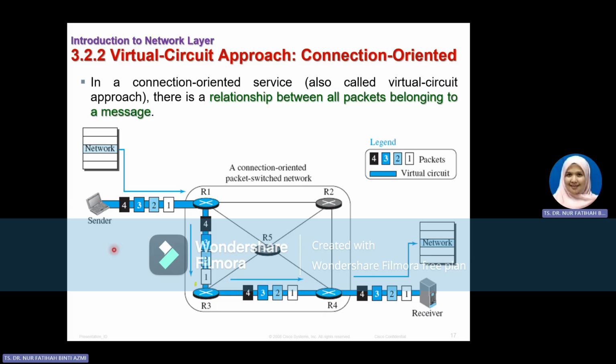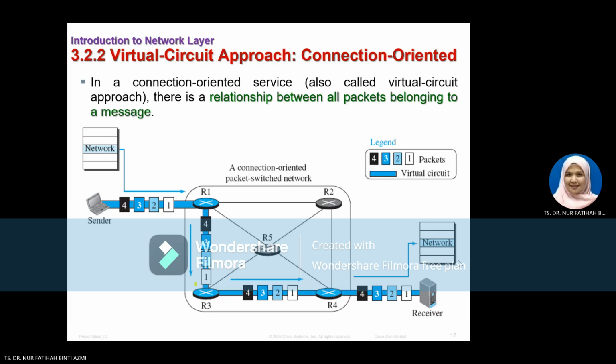So what happened here? At the sender host, the sender wants to send the message to the receiver. It is broken into packets 1, 2, 3, 4, and they follow the exact same path through the network: R1, R3, and R4 to the receiver. This predefined path, the blue one, is called the virtual circuit.